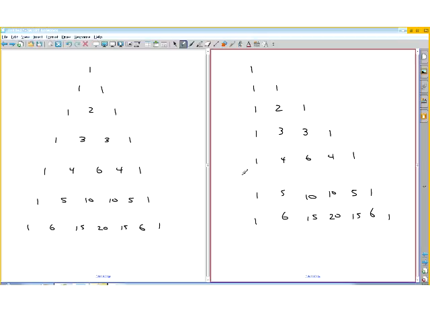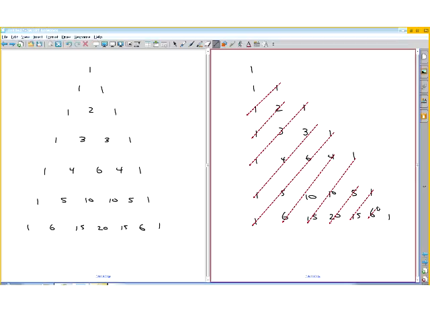The sums along the diagonals, indicated by dashed lines, are found. There's an interesting occurrence. So let me just put some dashed lines in here. What we're talking about is this diagonal, this diagonal, this diagonal, this one, this one, this one.